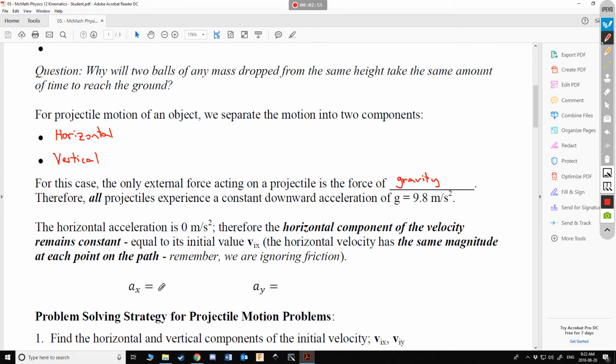In the x direction, the acceleration comes out to be 0 meters per second squared. So again, for y direction, 9.8 meters per second squared, or 9.81 meters per second squared, depending on how many sig figs you wish to have.